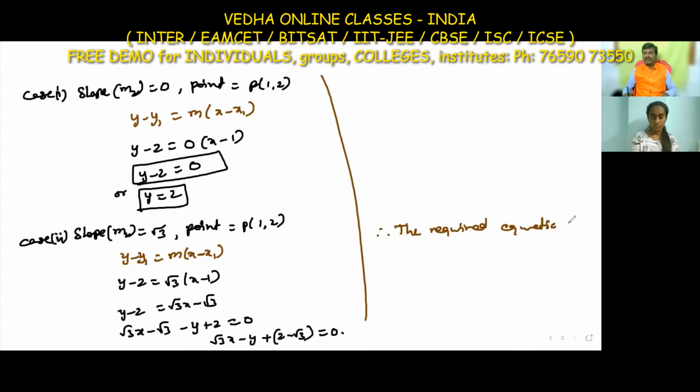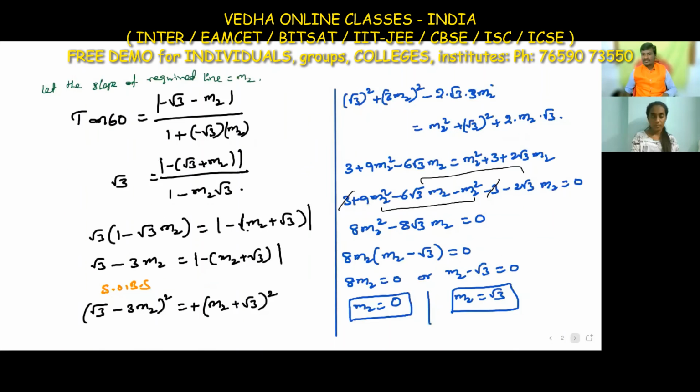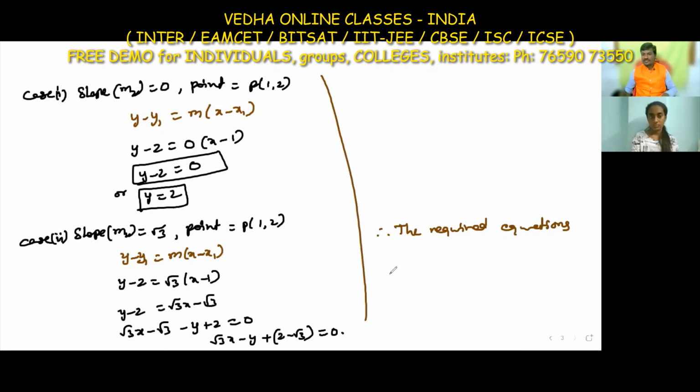The required equations. What is given in the question? Find the equation of the straight line passing through the point and making an angle 60 degrees with the given line. What are the required equations? Just write the equations.